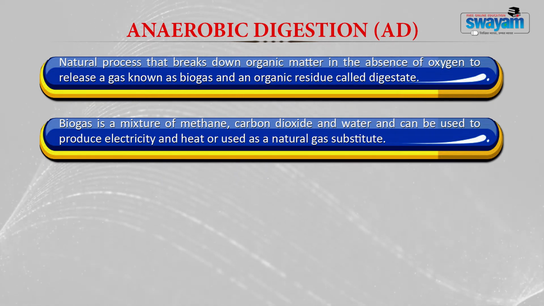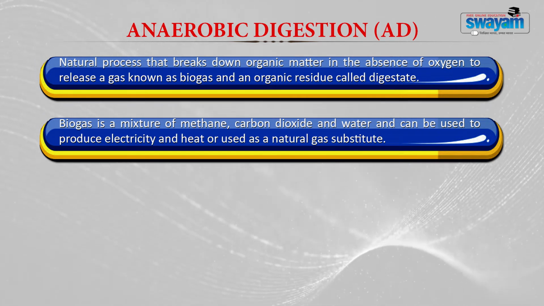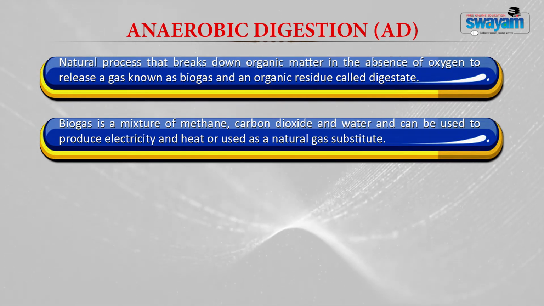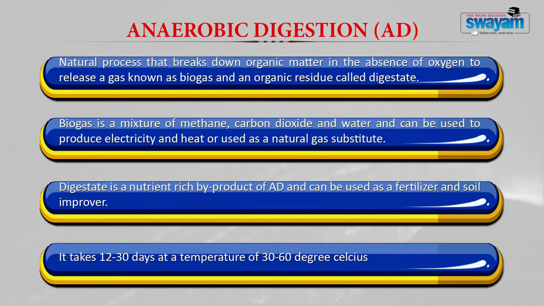This can be converted into heat or electricity, or you can also convert it into a natural gas substitute and potentially use it. The digestate left at the end of the digestion process can be used as a fertilizer to improve soil health. The anaerobic digestion process takes 12 to 13 days for digesting the waste, and the temperature requirement is 30 to 60 degrees Celsius.